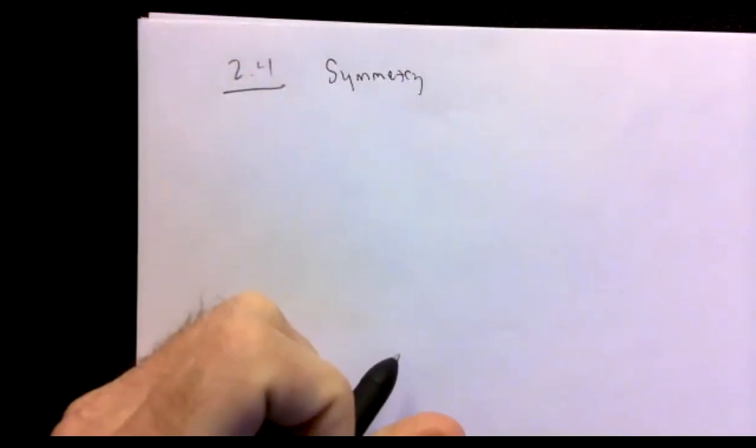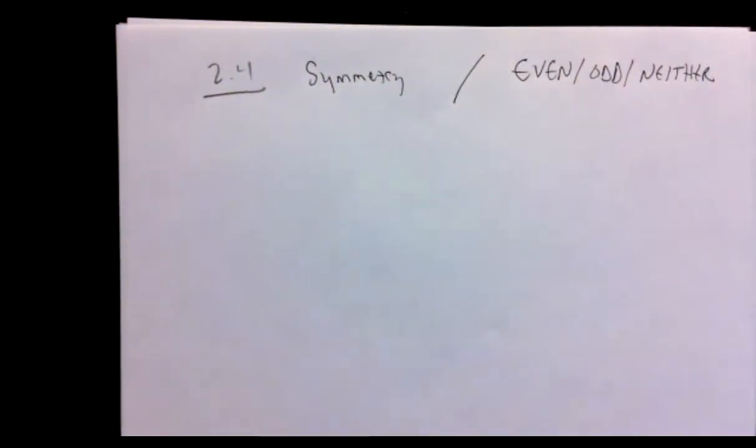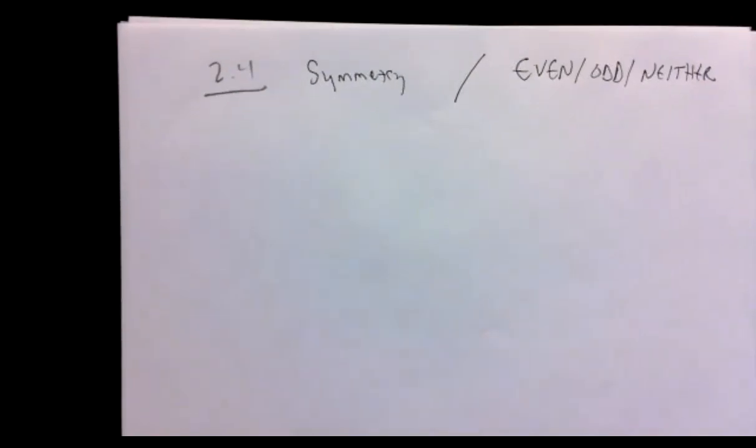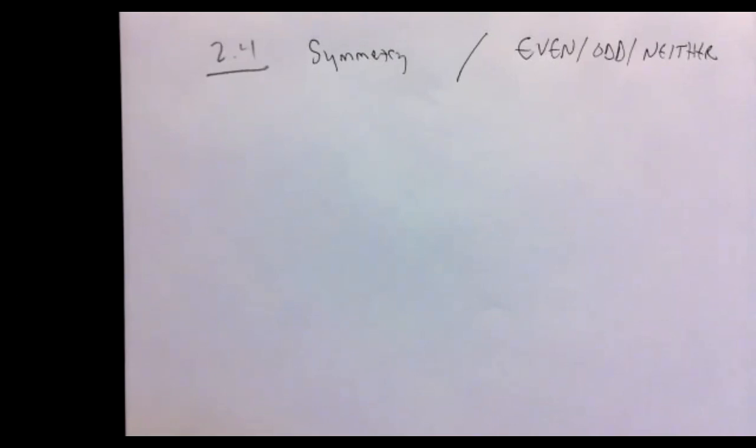2.4 covers symmetry, and then whether a function is even or odd, or I guess neither. And those are different but similar, and we'll discuss each, and we'll do each one in three different ways.